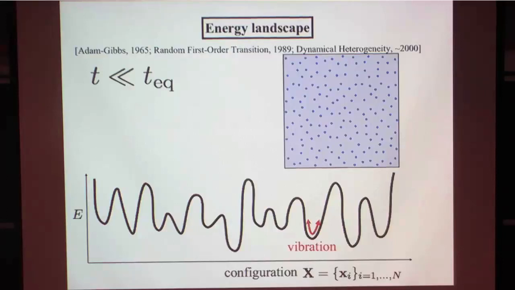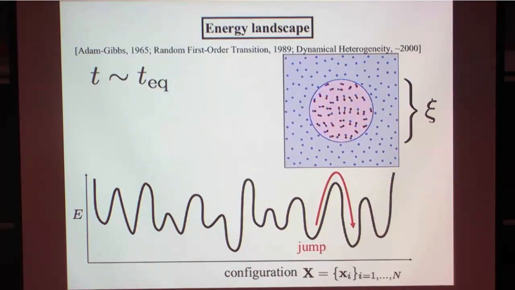At the short time scale, these molecules just vibrate around, which in the energy landscape picture means vibrating around a local minimum. But at the relaxation time scale, these states try to jump over the barrier in a high dimensional landscape. In real space this corresponds to a bunch of molecules rearranging cooperatively together. That defines a length scale, which is usually called the dynamical length scale.